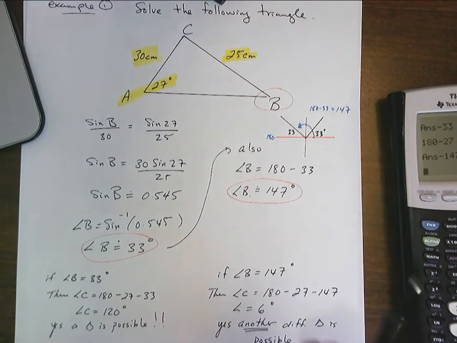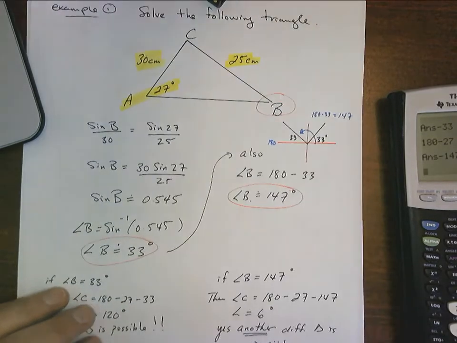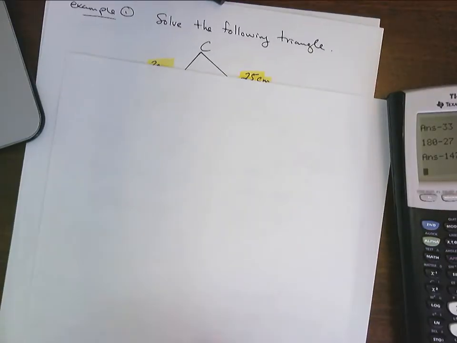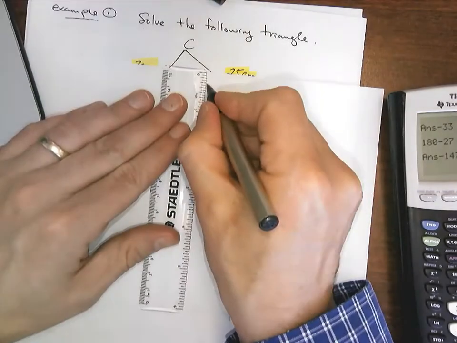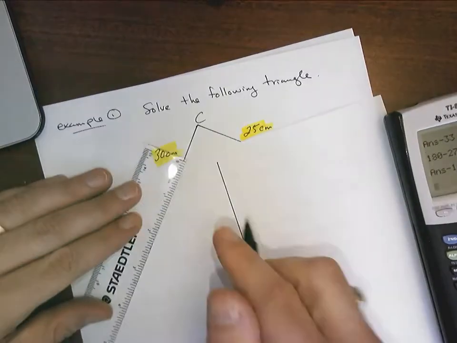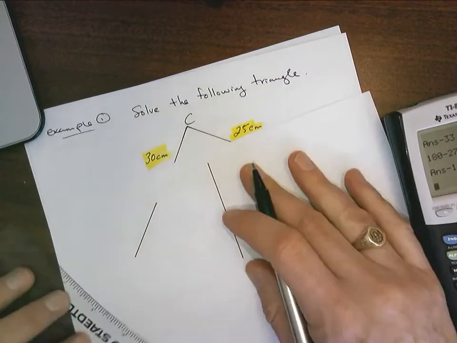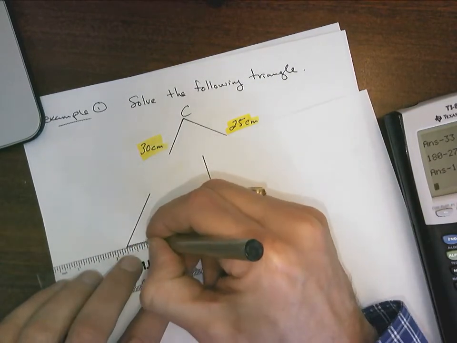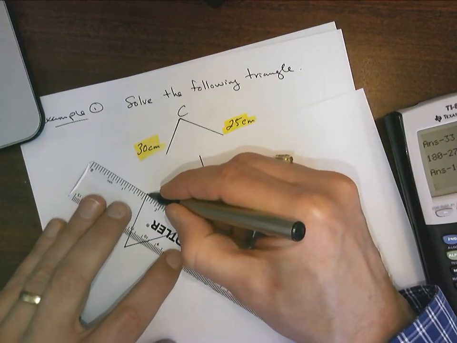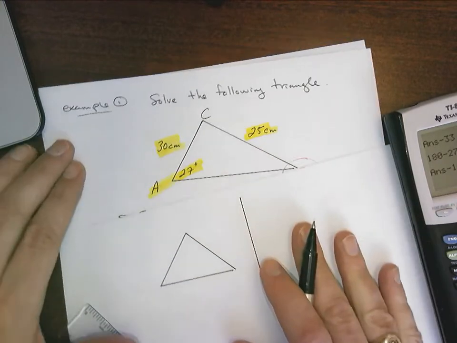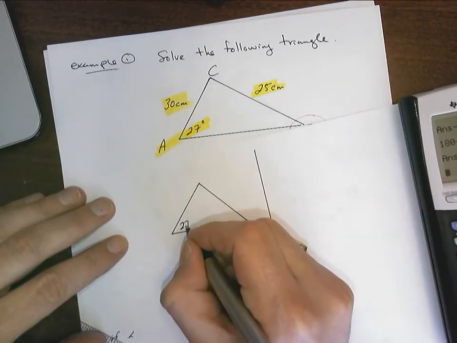And notice that both triangles have the same information. Let me show you that. Let me grab a piece of paper. So what would happen here is you'd get two triangles. The first one would look something like this. Not drawn to scale, but you're going to get your 27 here.